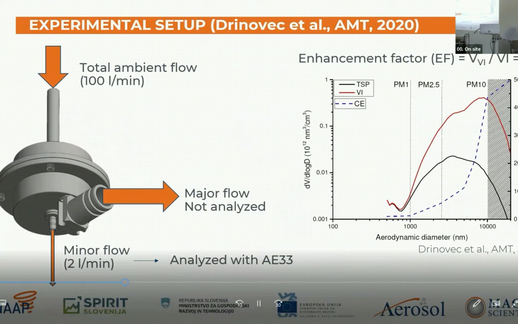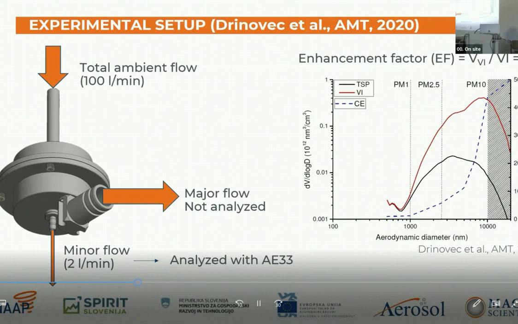On the left, we have the inlet developed within the project. On the right, we have some laboratory results. The concentration efficiency is shown with the blue line. The average aerodynamic volume size distribution for, let's say, a normal inlet is presented with the black line.